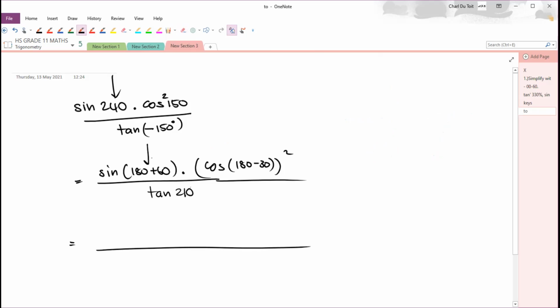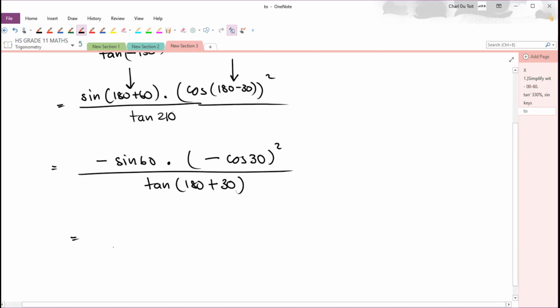Right. Third quadrant, negative sin 60 times squared second quadrant, negative cos 30. Tan 210 is the same as tan of 180 plus 30. It's not a nice sum, this. Then I need this triangle again. We haven't used 45 degrees now. That's a pity.